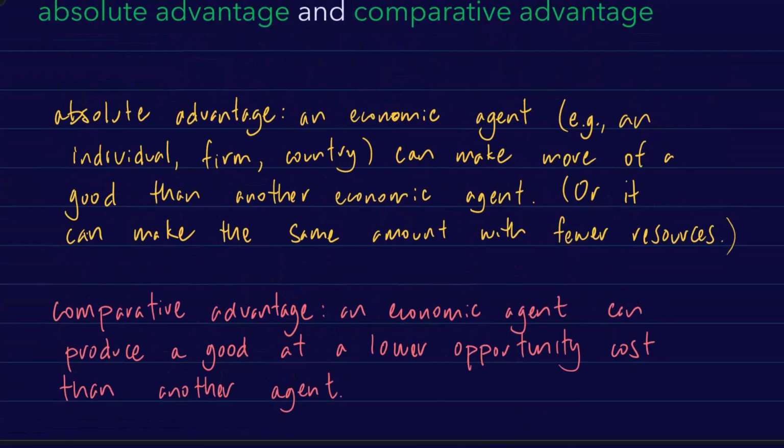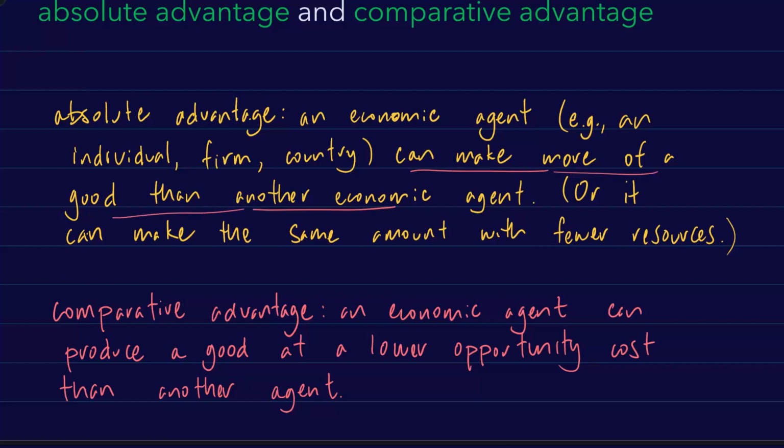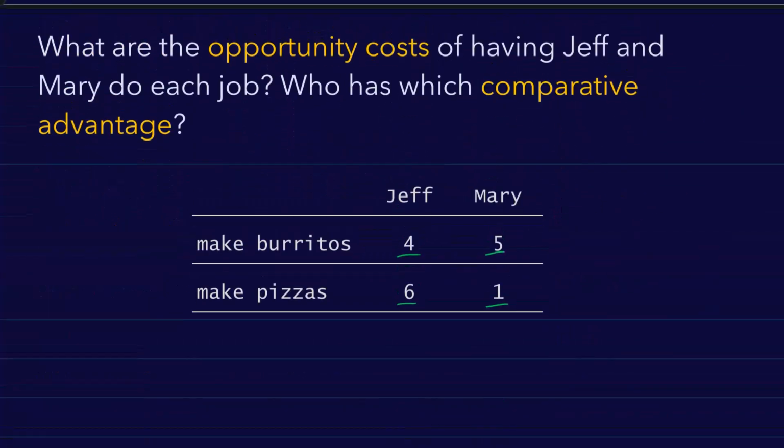So recall, absolute advantage is when the economic agent can make more of a good than another economic agent. So Jeff has an absolute advantage making pizzas. He can make 6 in an hour, whereas Mary can only make 1. And Mary has an absolute advantage making burritos. She can make 5 in an hour, while Jeff can only make 4.